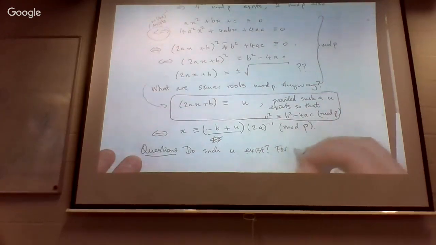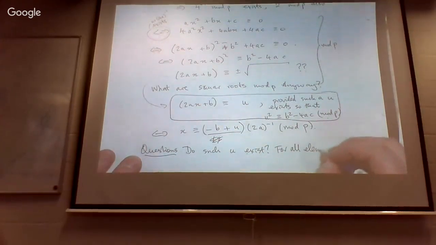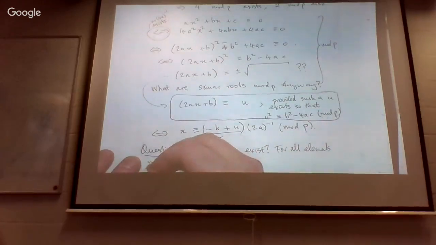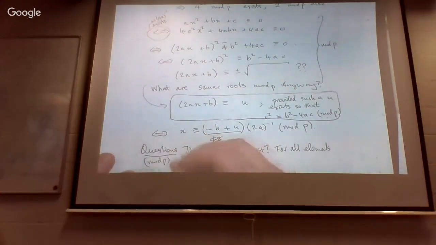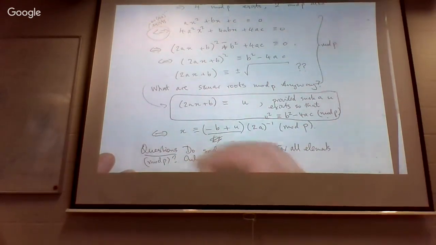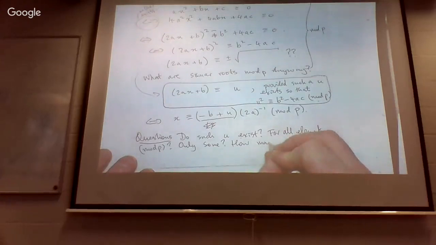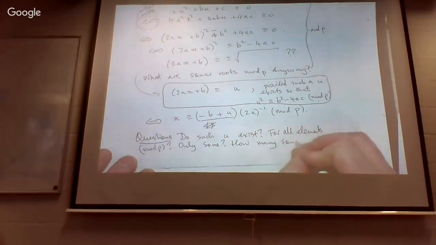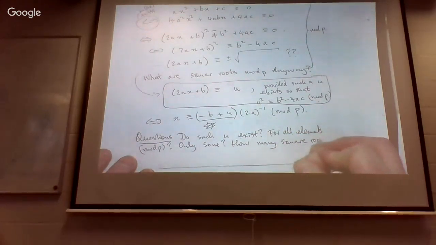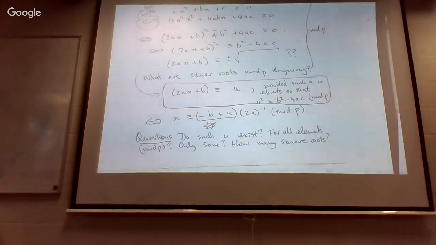For all elements mod p? Only some? How many square roots? Is it like in the real numbers where if something has a square root, it's got 2, except the special case is 0? Some numbers have a positive square root and a negative square root.